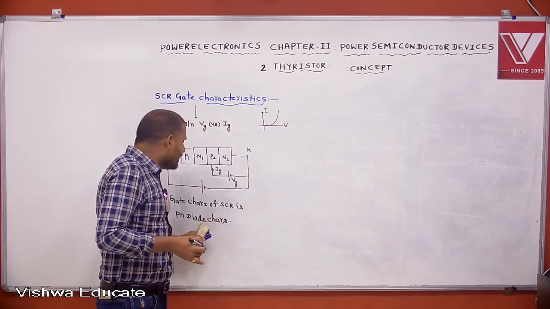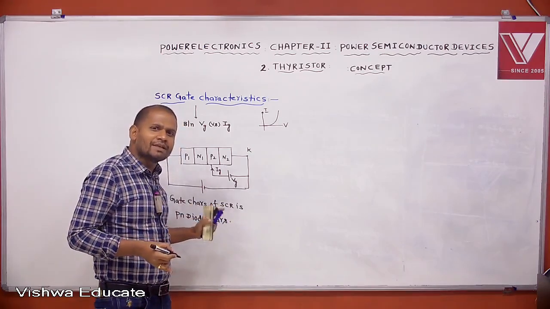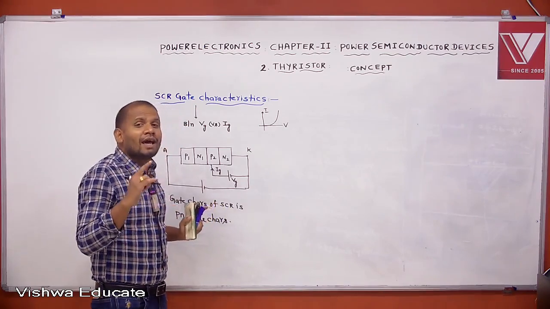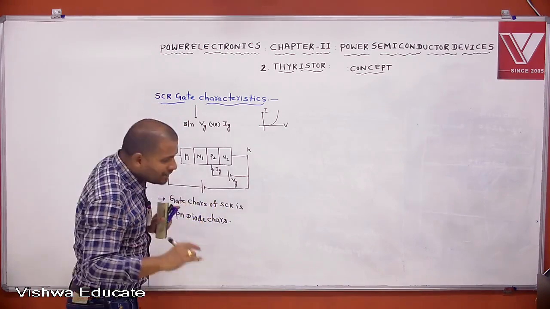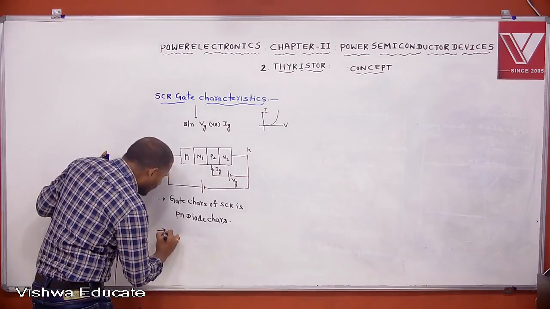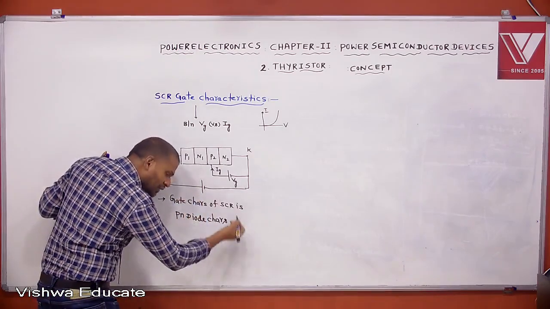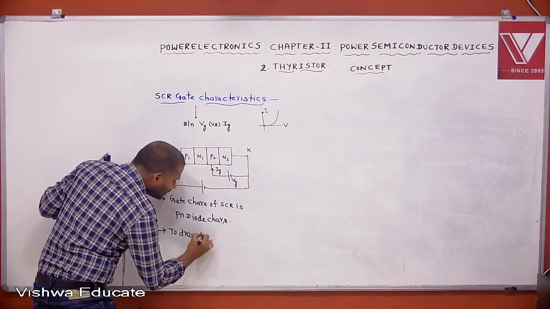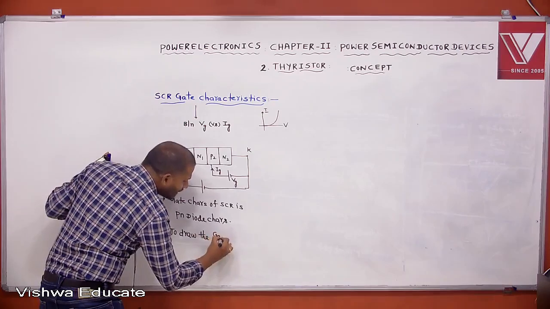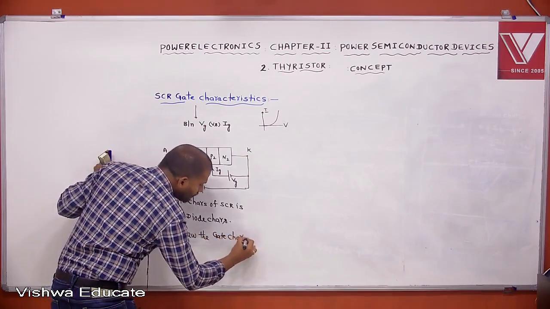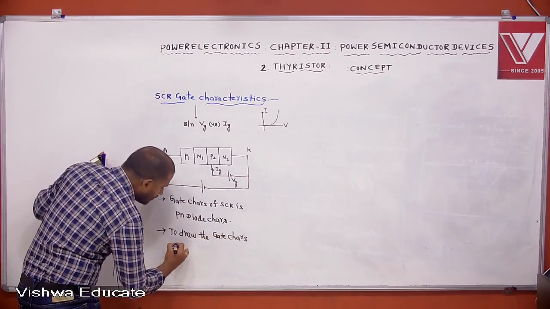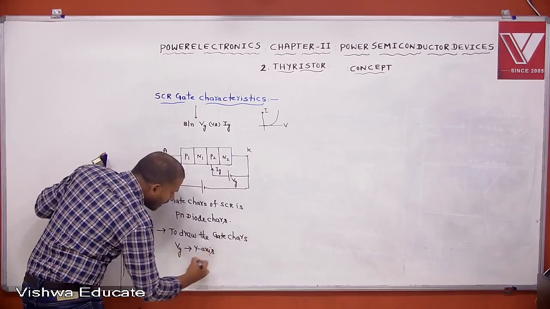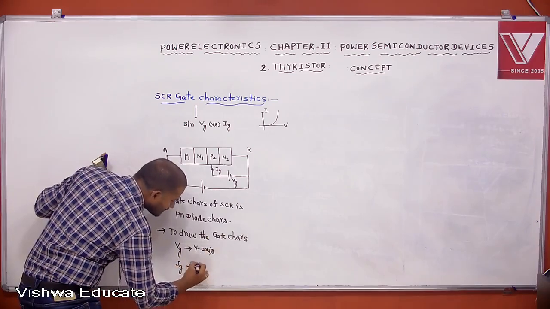But to draw the gate characteristics, Vg is taken on the y-axis and Ig on the x-axis.